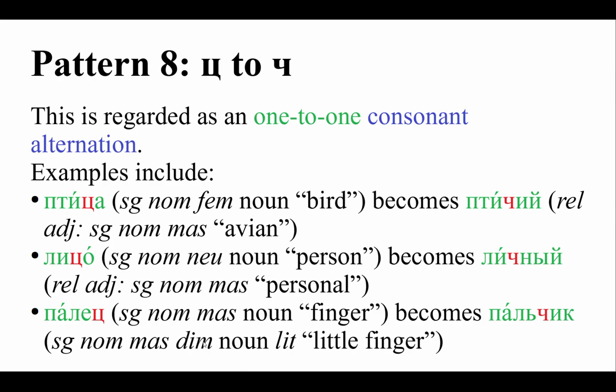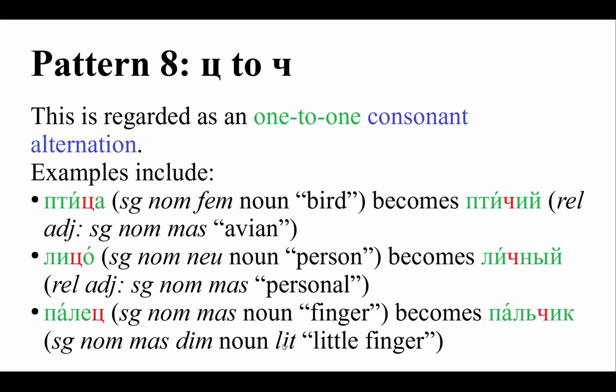Now, the part of speech also gets interesting because пальчик is a diminutive noun, meaning that it deliberately calls something smaller than it is, or expresses adorableness, cuteness, or belittlement. So just remember that nouns ending with chick or onok, something like that, are diminutive nouns meaning little something, little finger.